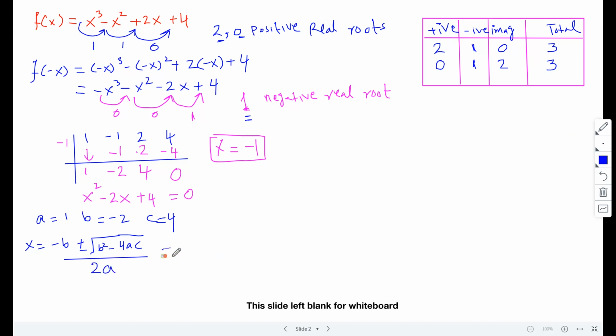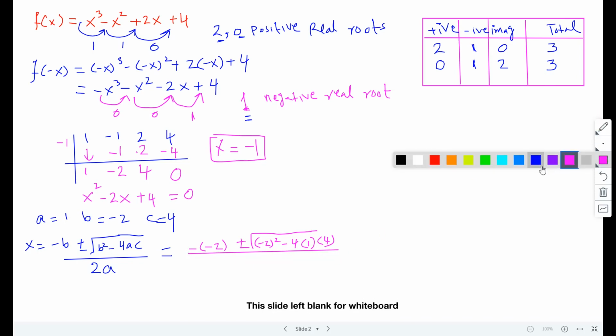I'll replace the values from the question. Negative b is negative times negative 2, which is positive 2, plus or minus the square root of negative 2 squared minus 4 times a, which is 1, times c, which is 4, over 2a, which is 2 times 1.